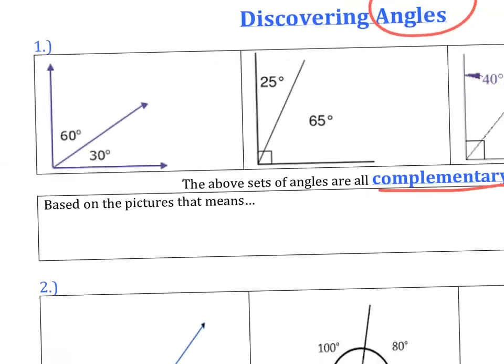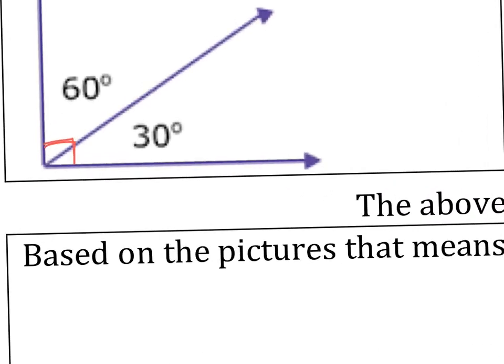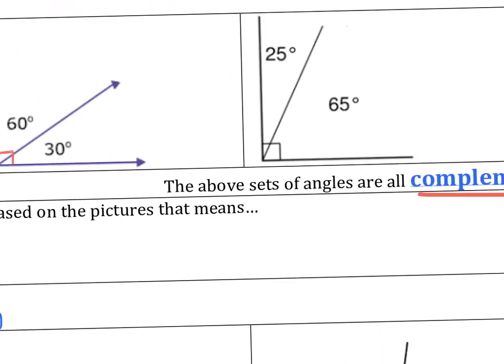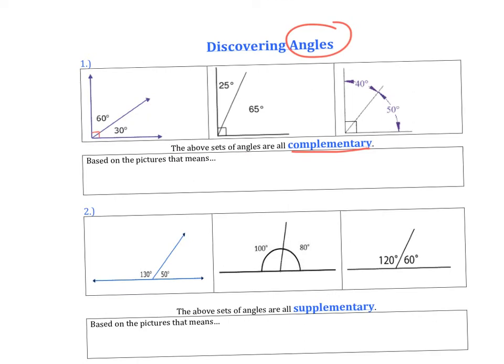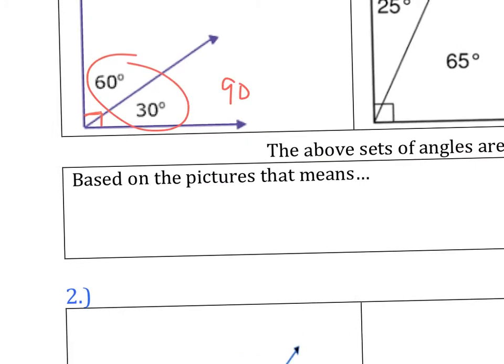So if you take a look at this picture, actually all three pictures, you should notice that in the corner of each of them is a right angle, which means 90 degrees. So what that means, complementary angles, these two numbers add to 90.